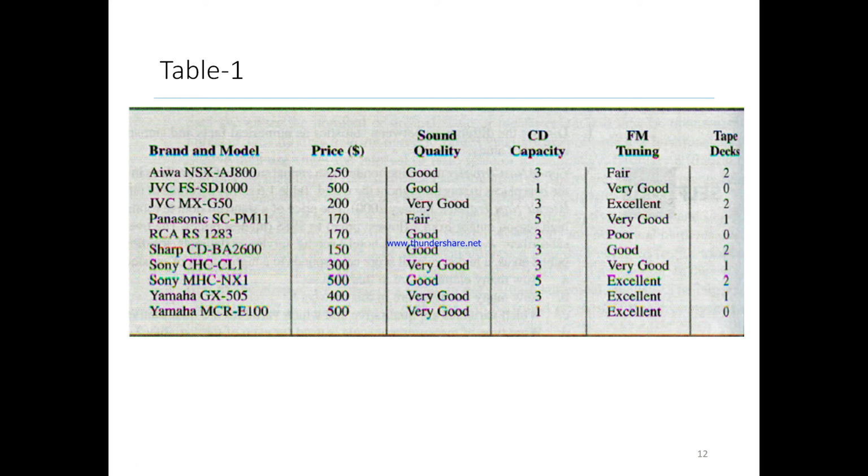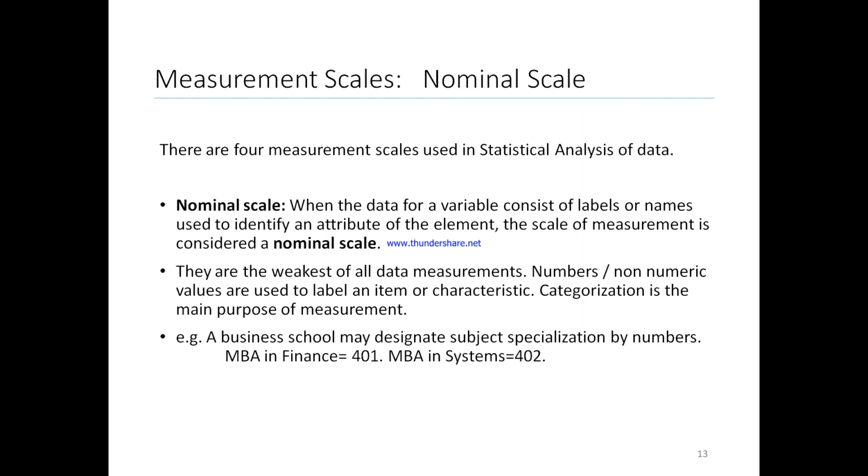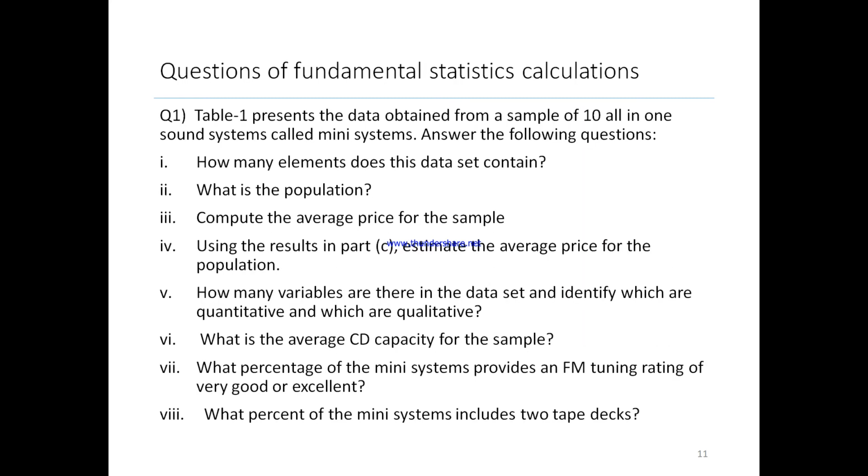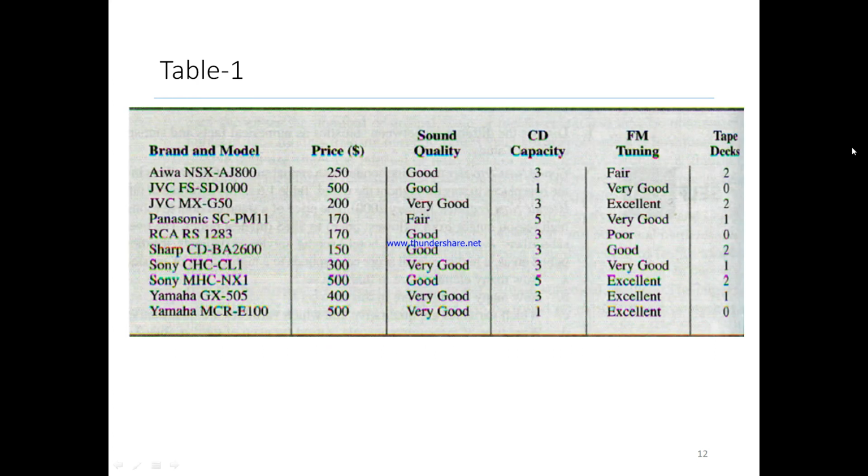So 7 divided by 10. Since they are asking about a percentage, you have to multiply that by 100. So that is 70%. Last question, what percent of mini systems include 2 tape decks? So you have 1, 2, 3, 4. Out of 10 you have 4.